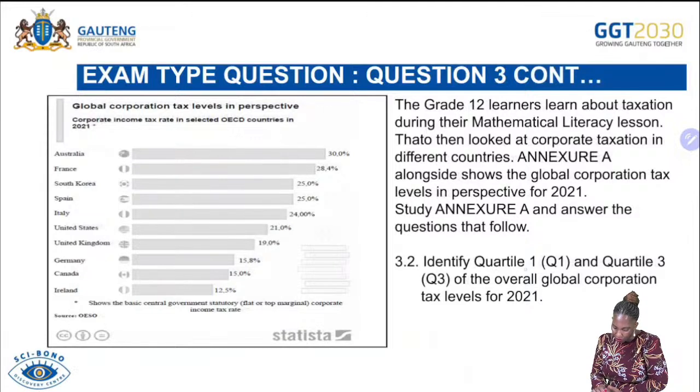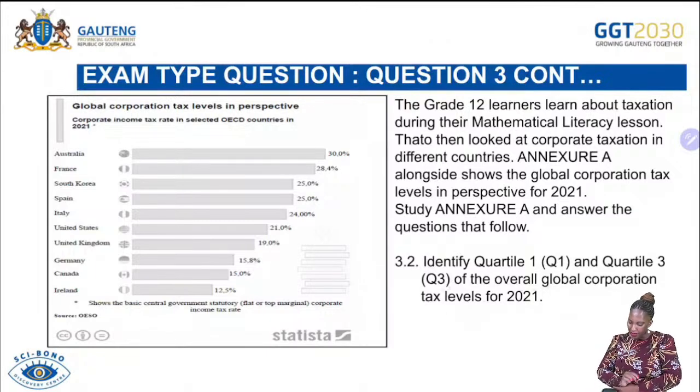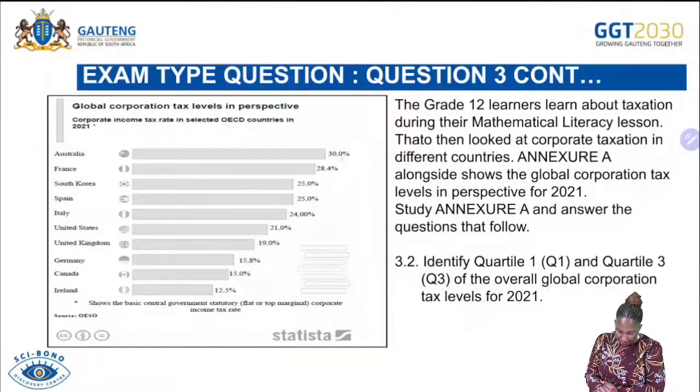It says identify the Q1 and the Q3 of the overall global tax levels for 2021. Looking at this data set, it's already arranged, boys and girls. Now for the Q1, it is the lowest one. For us to be able to identify quartile one, how many values do we have in our data set?